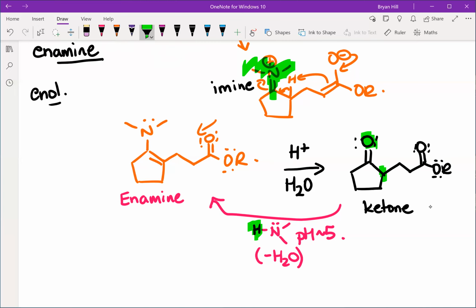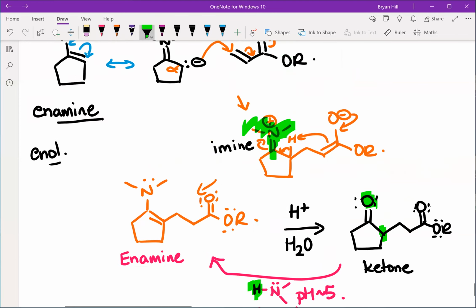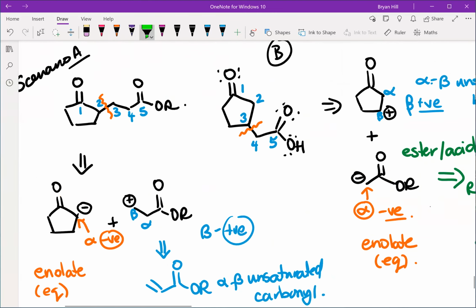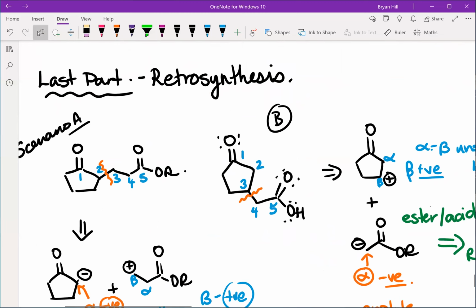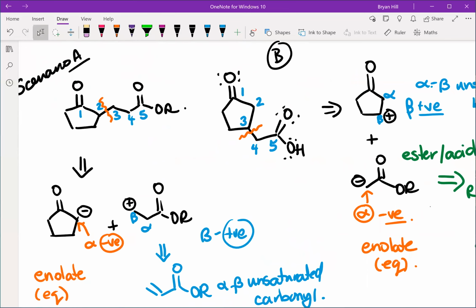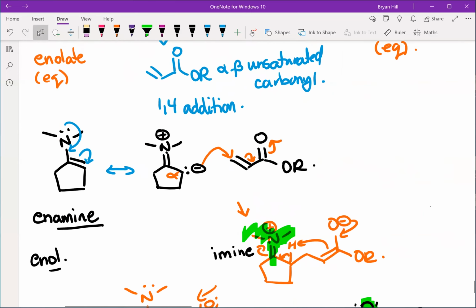So this 1,5 addition combination, usually it's possible to come up with a Michael acceptor and an enolate or an enolate equivalent. And you can play with the yield, you can play with what you're using as your nucleophile.